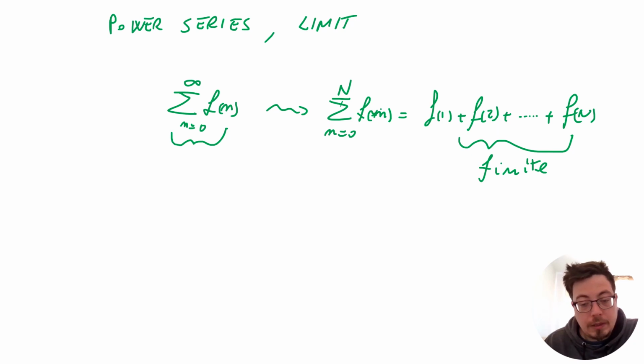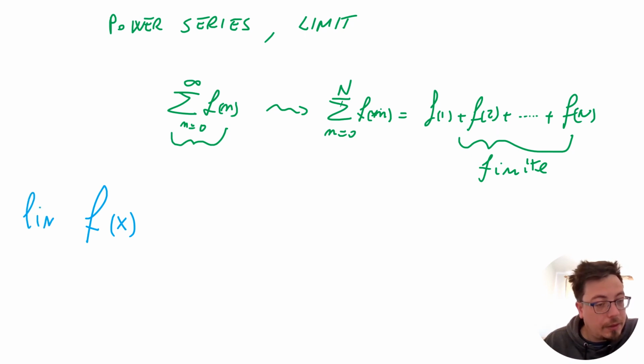a simple example. So what is the limit of a function? Usually a limit of a function is defined as follows, which is a bit abstract, but I will also give you a graphic representation.